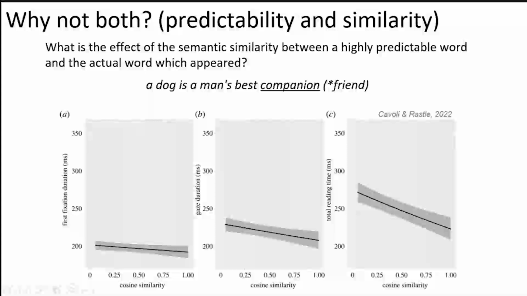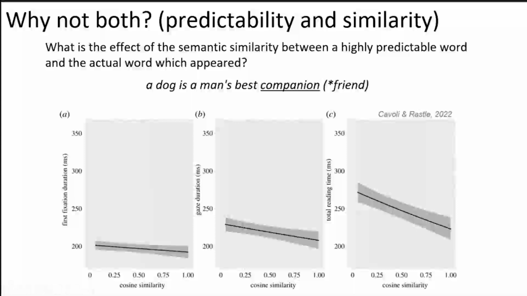Let's focus on total reading time. The more similar these words are, the word which actually appeared and the word which was predicted to appear, the less reading time it took for this word. So companion, even though it's surprising here and not predictable, because it's similar to friend, actually takes less time than a word which would be dissimilar.